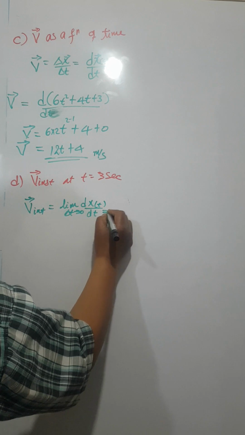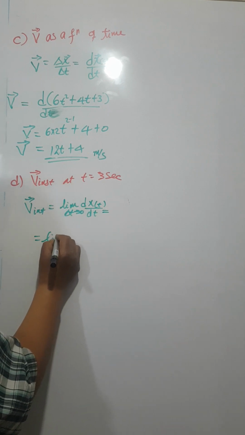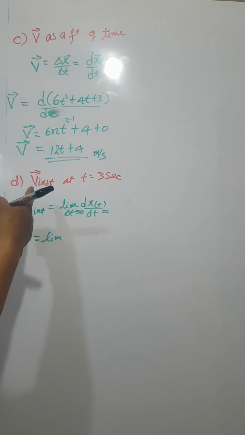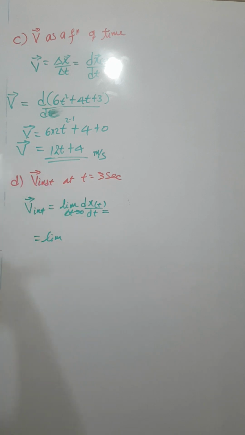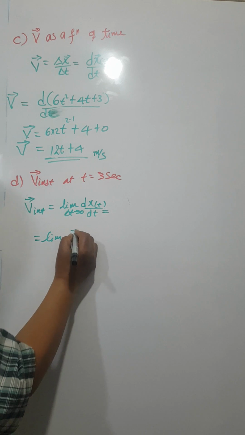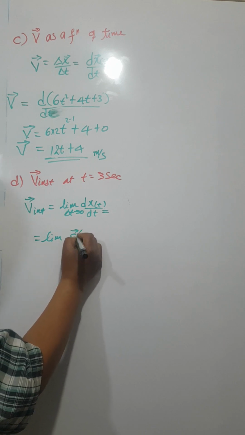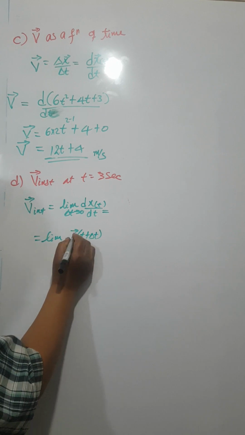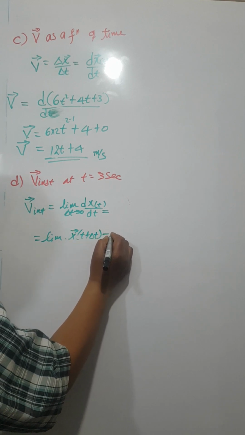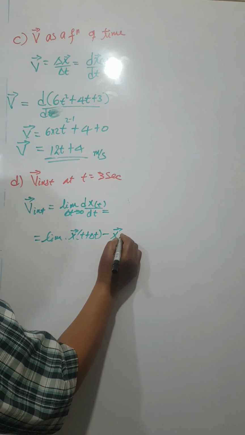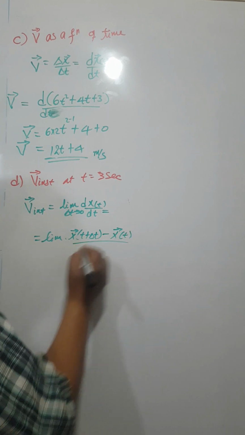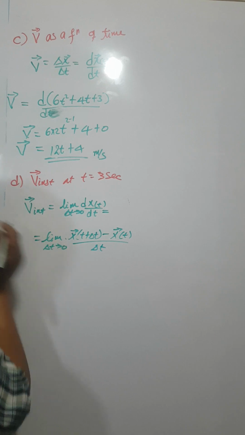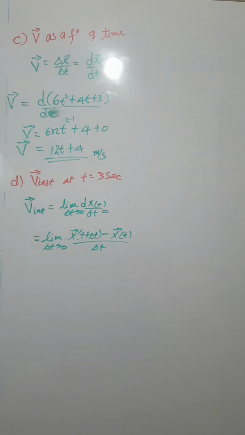This is equal to the limit of s at t plus change in t minus s at t, divided by change in t, as change in t approaches 0.